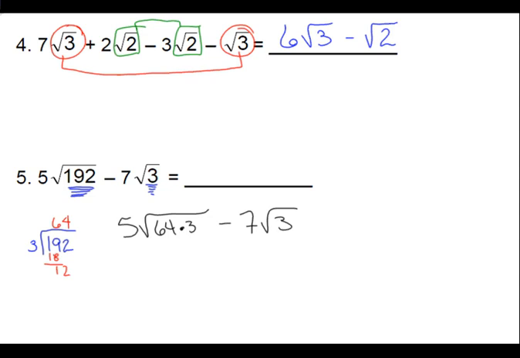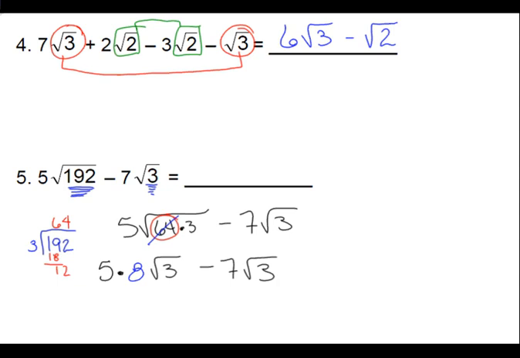Now, since 64 is a perfect square, it can come out now. So I now have 5 times, well, the square root of 64 is 8, and that part is done. And I have my square root of 3 left. This minus 7 square root of 3 is just along for the ride, chilling at the end.